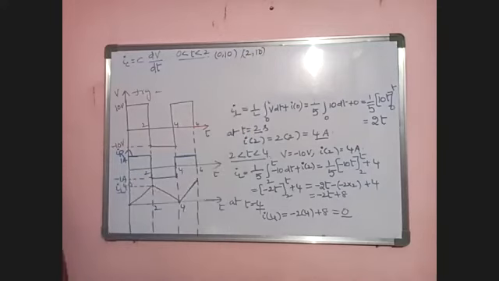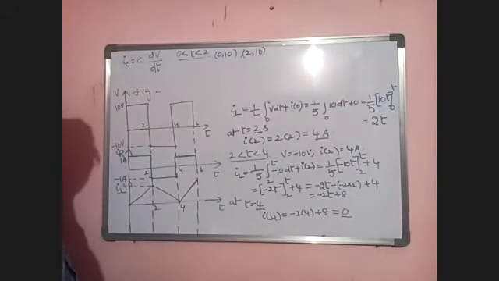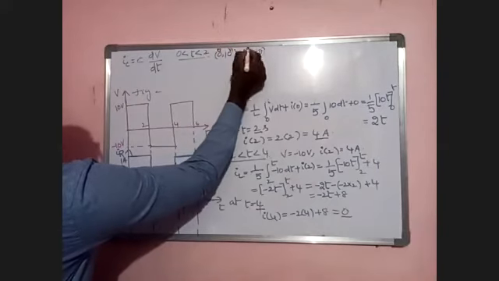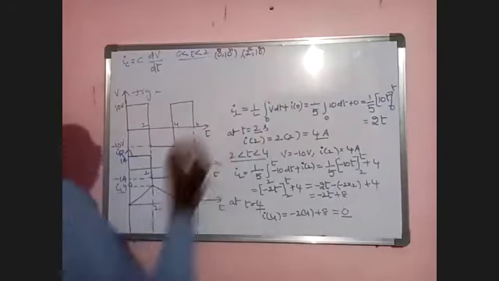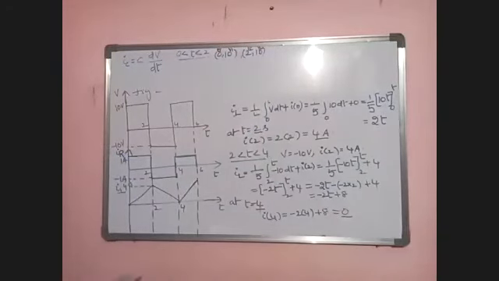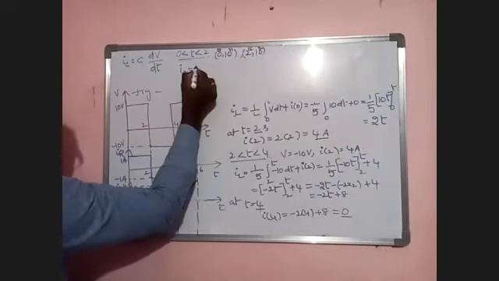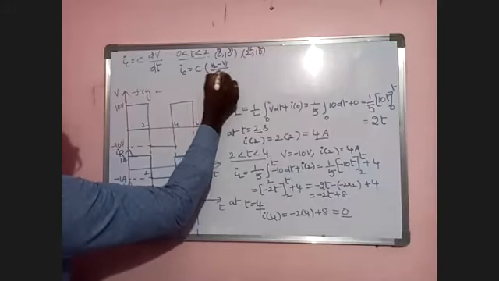0, 10 and 2, 10. So this is T1, V1 and T2, V2. From this, I C is equal to C into V2 minus V1 by T2 minus T1.